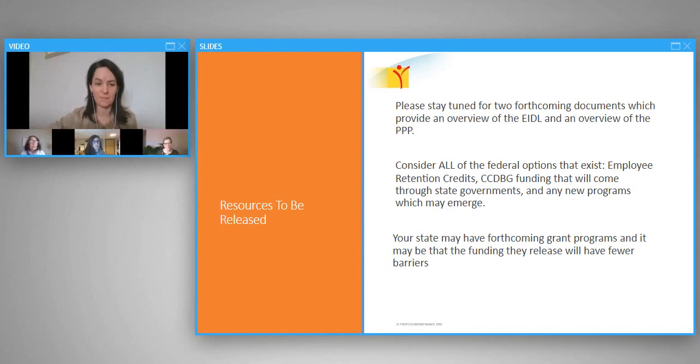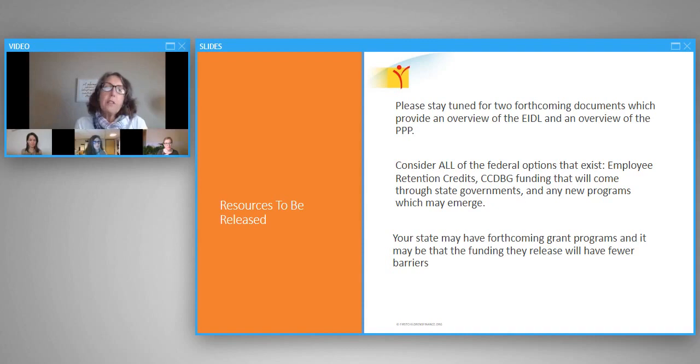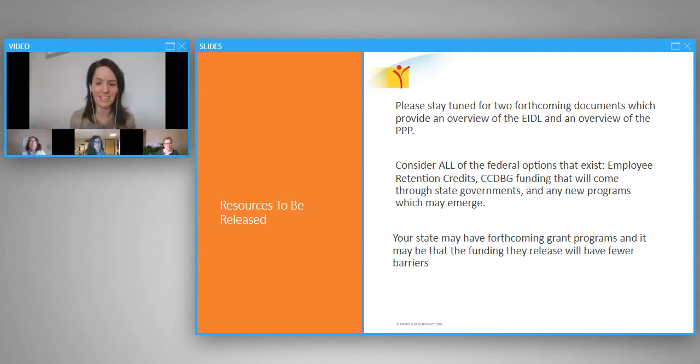And should you submit multiple applications to multiple lenders? I think that Molly just said this, but that was a great question to ask again. Remember that the EIDL and the Payroll Protection Program are two different programs. I would submit an application for each if you think that they are appropriate for your business and a good fit for you to take on additional debt.